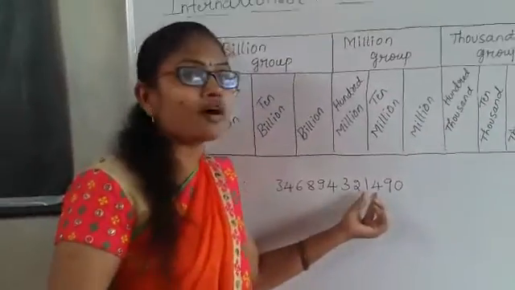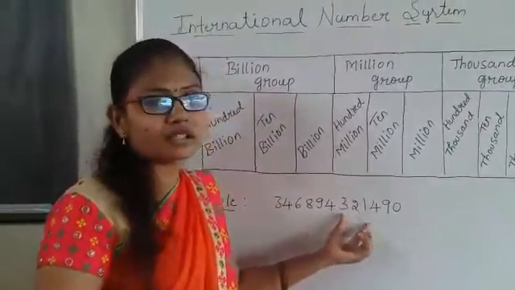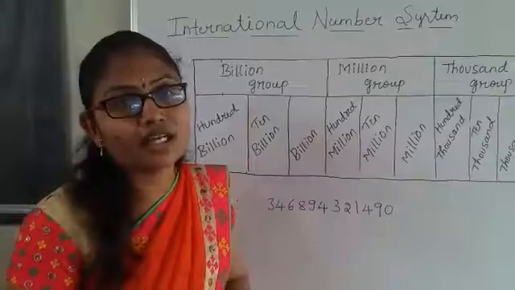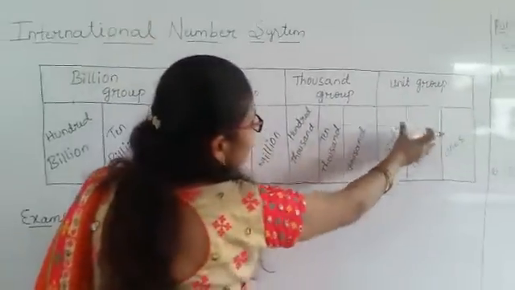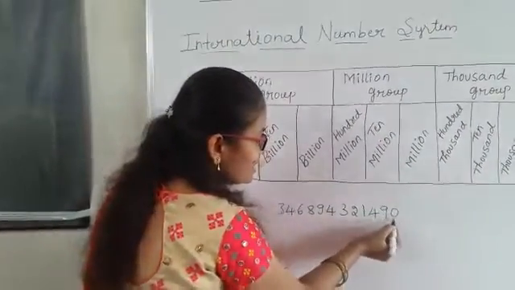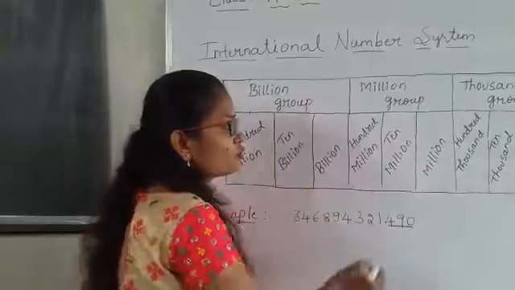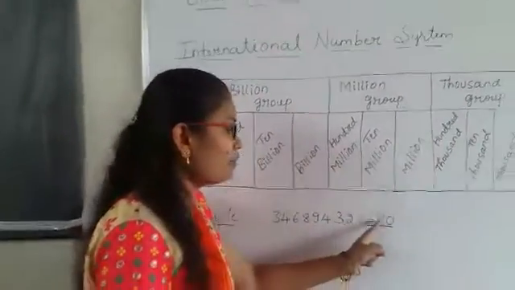If you consider one example, here I have given some numbers. You have to put commas for these numbers according to the international number system. First, ones, tens, 100 make the unit group, so we separate these three numbers.